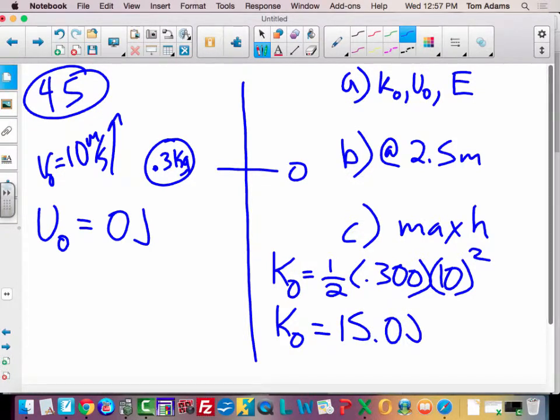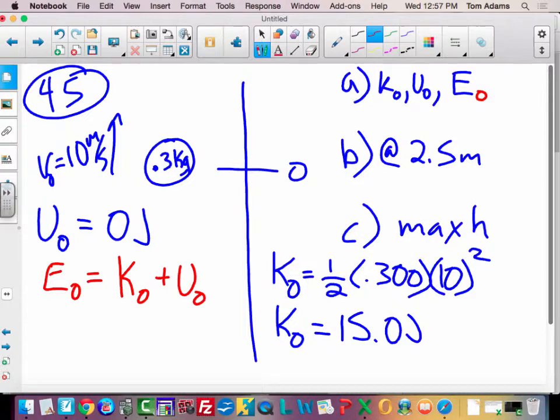Okay. I should probably point this out. Mechanical energy is the sum of potential and kinetic energy. So E naught is equal to the kinetic energy plus the potential energy.